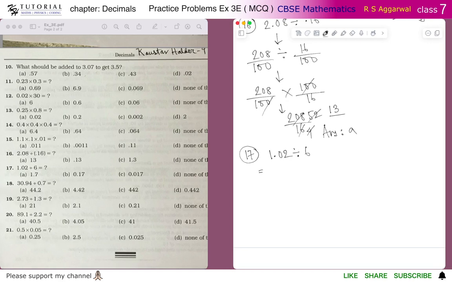We first divide the decimal number by the whole number, omitting the decimal point of the decimal number. So we do 102 divided by 6.